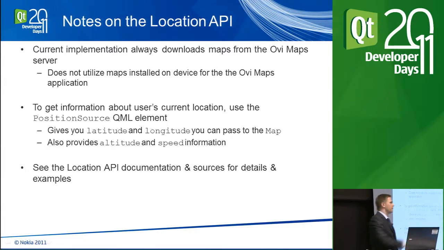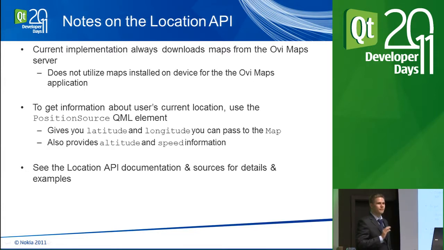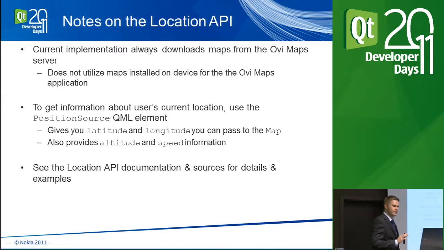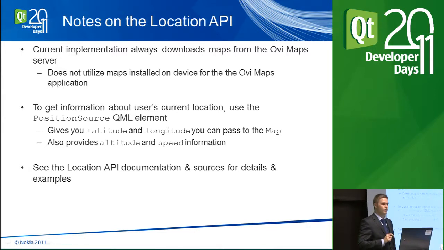Okay, so the first point on this slide might be outdated if the offline plugin works already. Then to get the position from GPS, for example, you can use the PositionSource QML element, which is a non-visual element that provides these latitude and longitude properties.